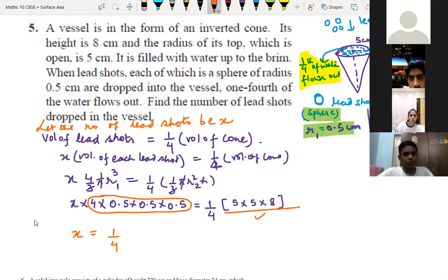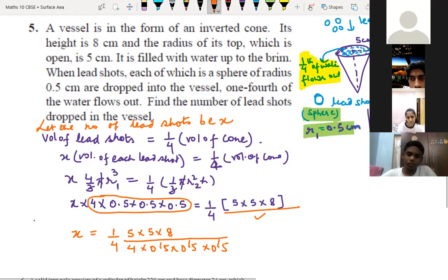So 1/4, 5 into 5 into 8, whole divided by 4 into 0.5 into 0.5 into 0.5. So if you remove this point, what can we write here? Multiply by 1000 we can write here. If you remove 3 points, you will get 1000 over here.